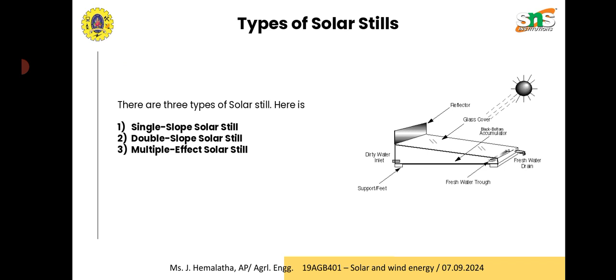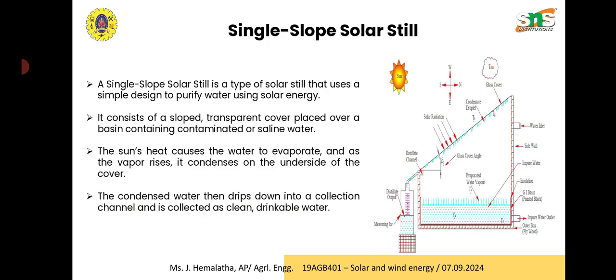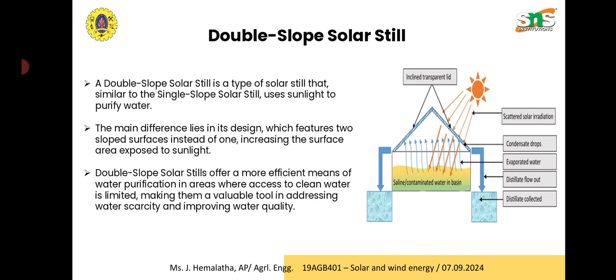Types of solar still: single slope solar still, double slope and multiple effect. Single slope features a slanted cover that directs condensation to a single collection point. The major advantage is simple design and easy construction. Then the double slope solar still is similar to the single slope, and uses sunlight to purify water.